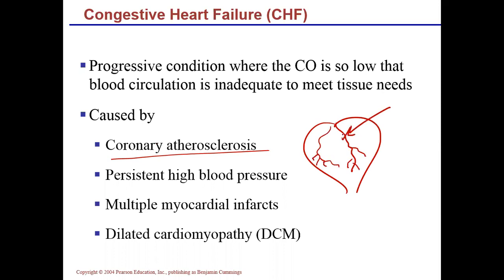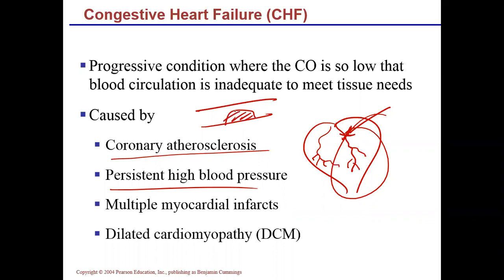And if this one is blocked, then you have a heart attack, basically. Persistent high blood pressure. Your blood pressure is always high for a reason. Again, maybe because of clogging, or there are plaques, or lipid deposits. There are multiple myocardial infarcts. This is again mini strokes.